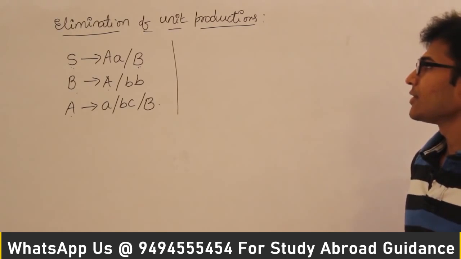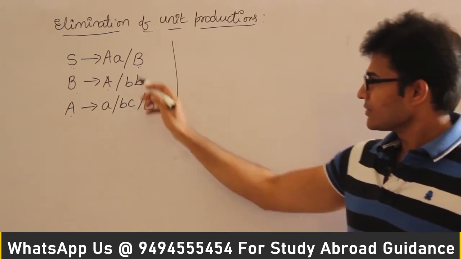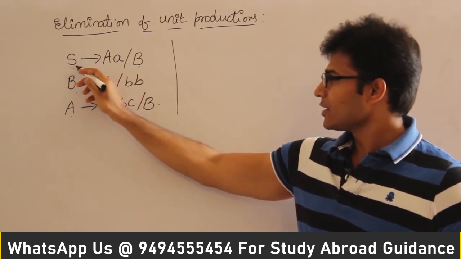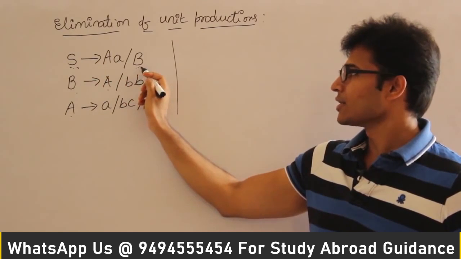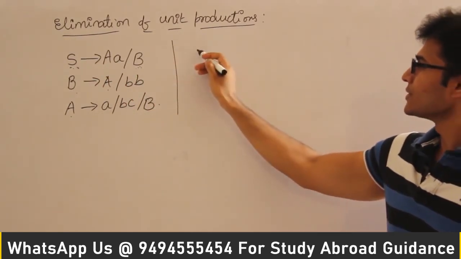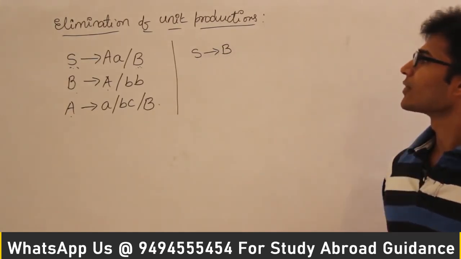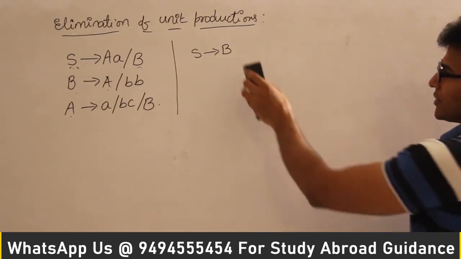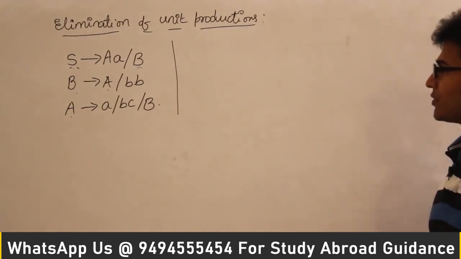Say I want to eliminate the unit production S derives B, right? If I eliminate S derives B, what are the strings that S might miss out or might not be able to generate? So the first step is you write the grammar without the unit productions.